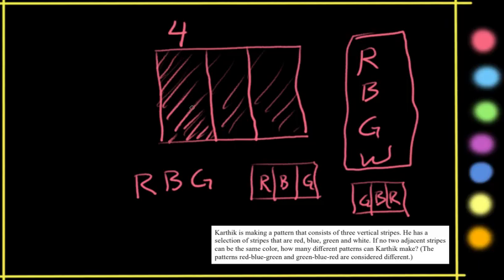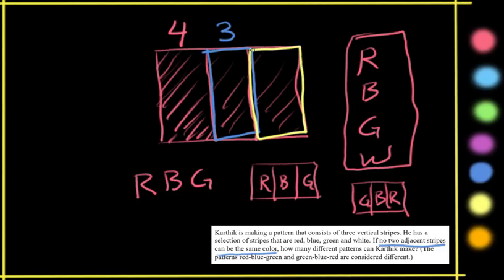Once he makes that selection of that color, how many possibilities are there for this next one here, for this middle stripe? Well, it says that no 2 adjacent stripes can be the same color. So whatever color he picked here, he can't pick that same color here, which means he only has 3 to choose from. And then if he goes on to the final one, this rightmost stripe, how many choices is he going to have there?